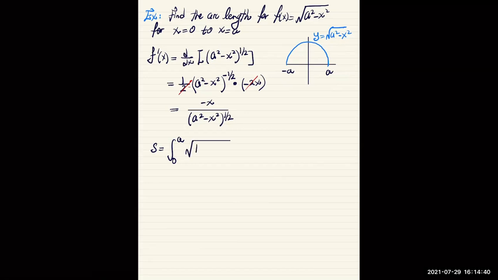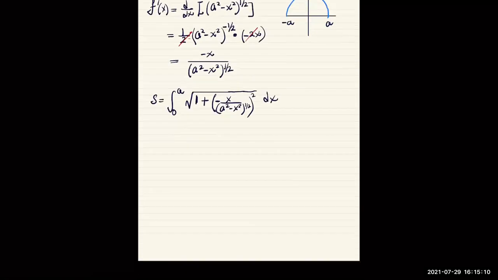So we do 1 plus, the formula is 1 plus f prime of x squared. And here is f prime of x squared. And there is a half here. We're squaring that. The good news is that the half is going to go away.